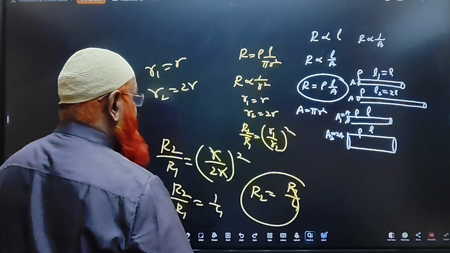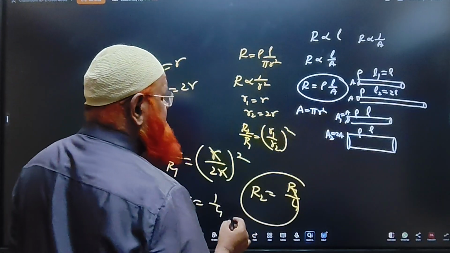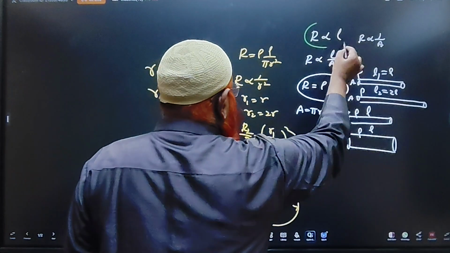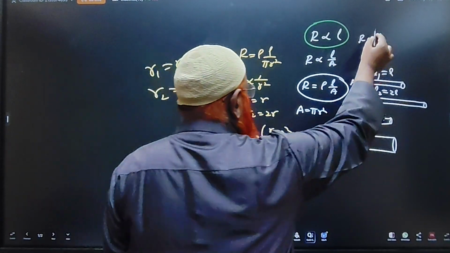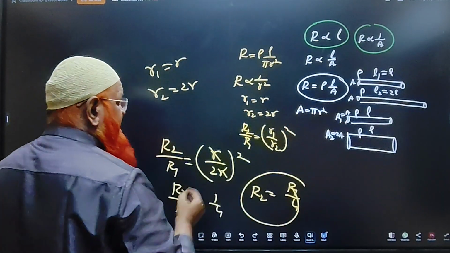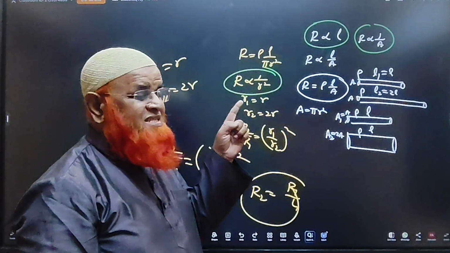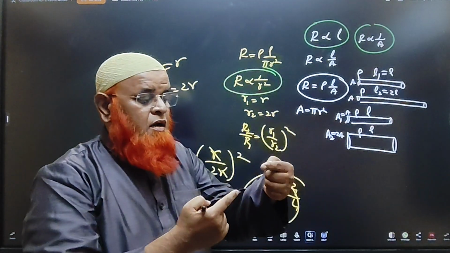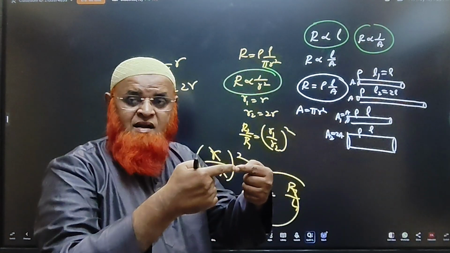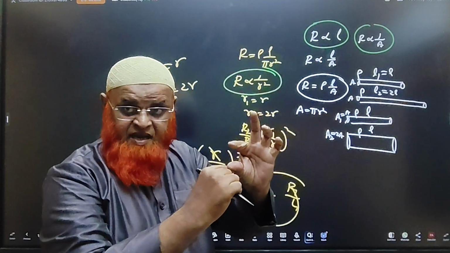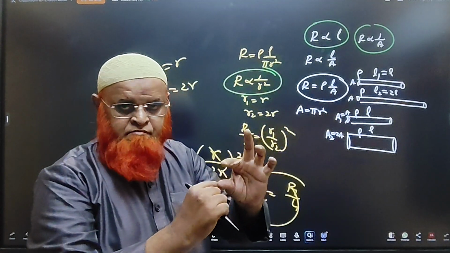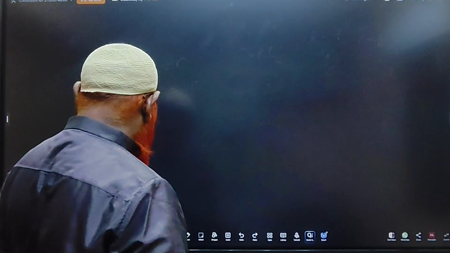Okay, for extras, the first relation is R is directly proportional to L. The second relation is R is inversely proportional to area. The third relation is R is inversely proportional to r square. This is applicable only when present length, extra length is added. Present area, extra area is added. Extra.